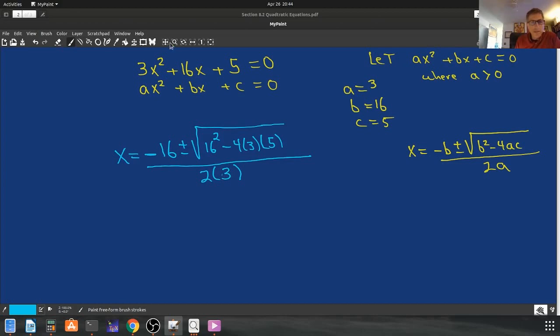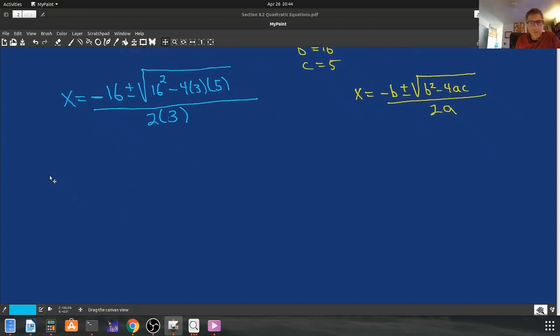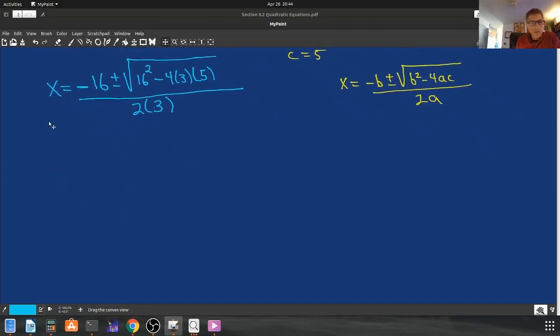So now literally it's just a matter of simplification. And that's all we're going to be doing. So the first thing I normally do is simplify two things in the second step. I find out what number is underneath the radical. So 16 squared is 256, and 4 times 5 is 20, times 3 is 60, so we're subtracting 60 from it.